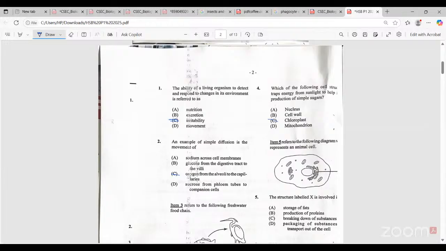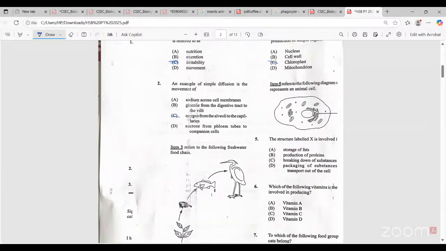Right, for question 5, the structure labeled X, and X here refers to your rough endoplasmic reticulum. And of course, rough endoplasmic reticulum has ribosomes on them. So that one would be B.